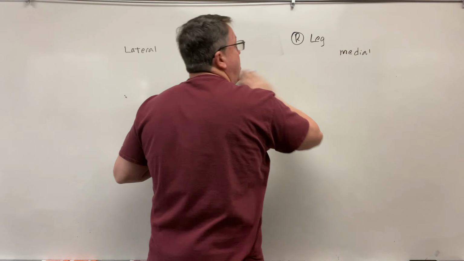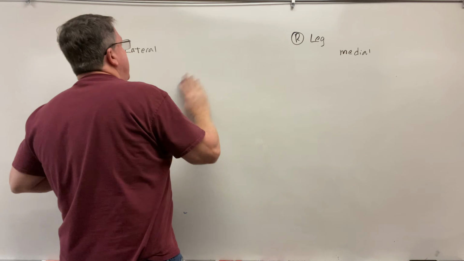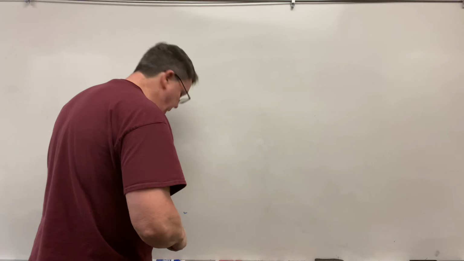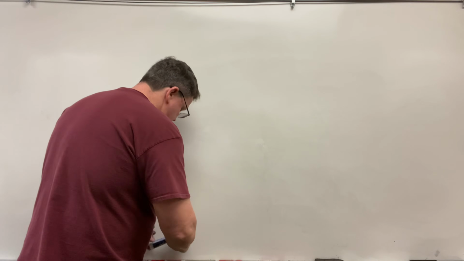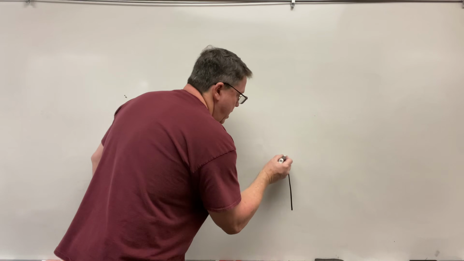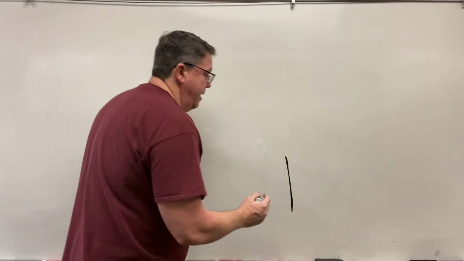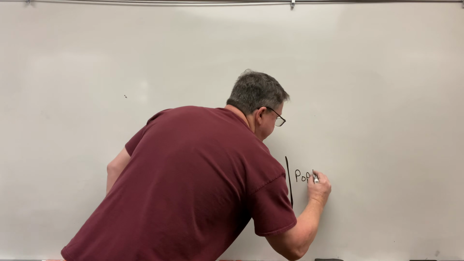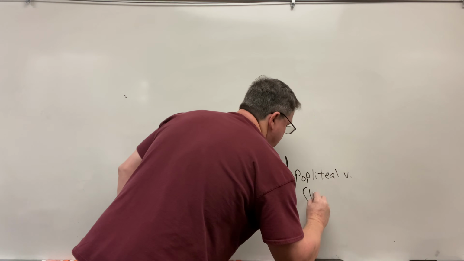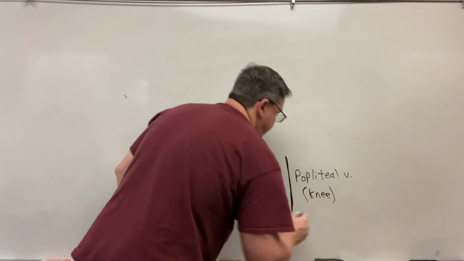And now, what we're going to do is look at, from the popliteal vein going up. Okay, so here's my popliteal vein, coming up. And remember, the popliteal vein is in the knee. Okay?